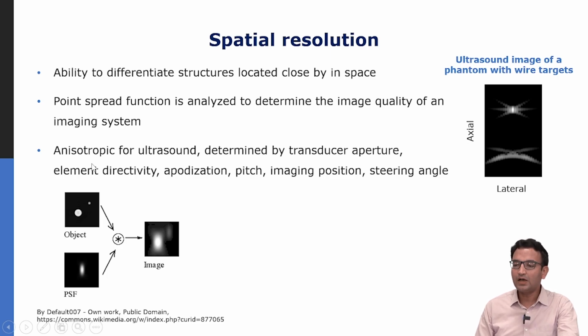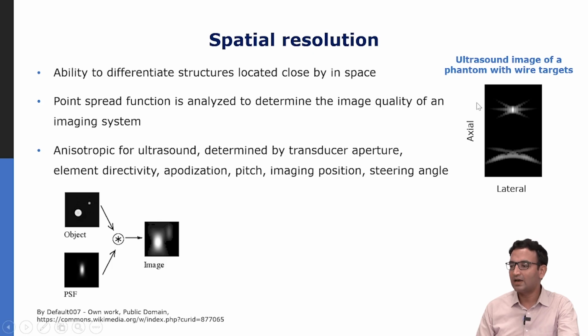Now, it turns out for modalities such as optical microscopy, the point spread function does not have an angular dependence, it is isotropic. But for ultrasound, the point spread function is anisotropic. And here is an example of the point spread function of an ultrasound transducer, which was assessed by imaging wire targets.